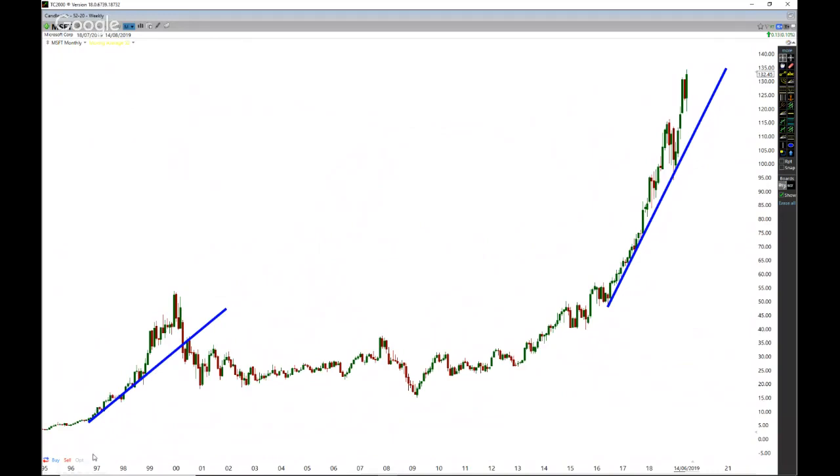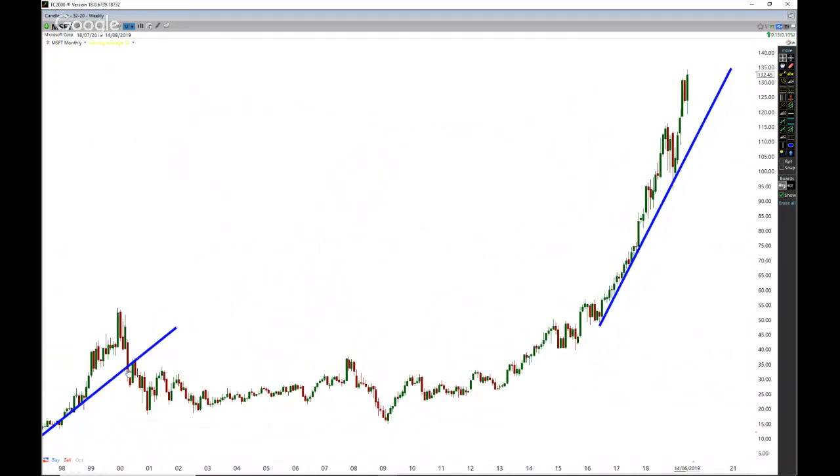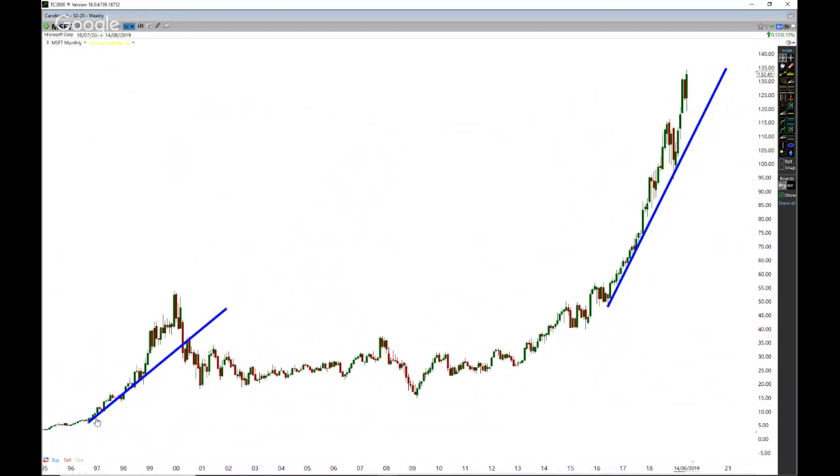Notice how through this tech bubble we came down, found a lot of support, ran up, came back down. And notice how when we actually broke below it, we came back up and tested it as resistance. That line started back here in 97, and then it was in the middle of 2000s that it found resistance through there. So that's the power of these longer term lines in the markets.